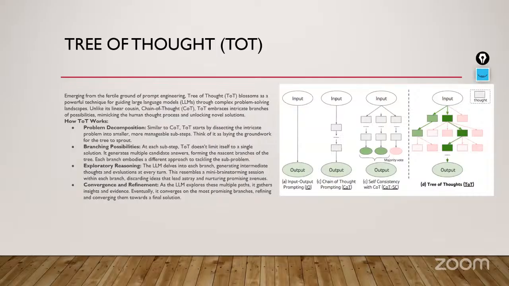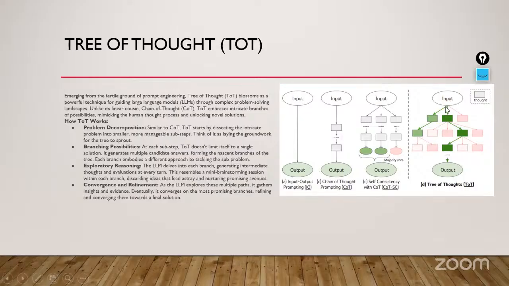Then there is tree of thoughts. What will tree of thoughts do? It will take all the possibilities that can happen for a particular input, and within these, the other sub-possibilities, the different sub-branches.